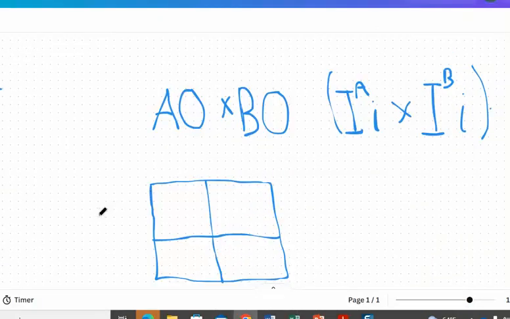So I have here those parents, AO and BO, but I also wanted to show you that sometimes this particular gene is denoted differently. Sometimes you'll see I superscript big A and little i for somebody who's heterozygous and they're type A. And sometimes you'll see I superscript big B, little i for someone who is heterozygous and type B blood.